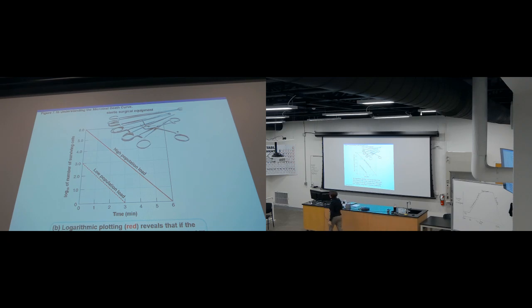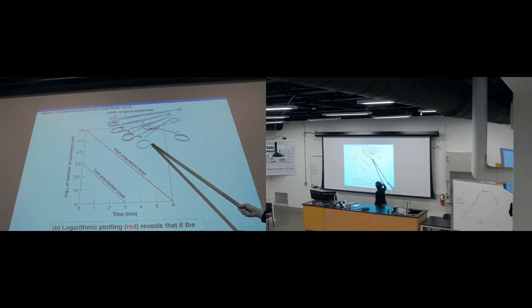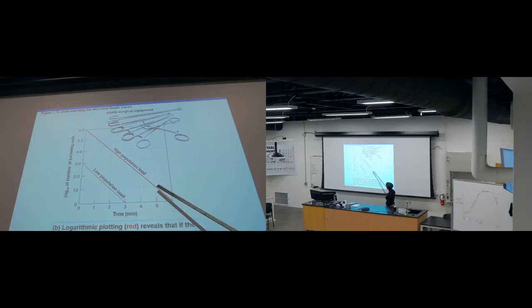So here we have a graph where you have two different population loads for an instrument or a set of instruments, and you put them in the autoclave. I kind of told you this already in the previous table, but let's see in an actual graph how that looks.